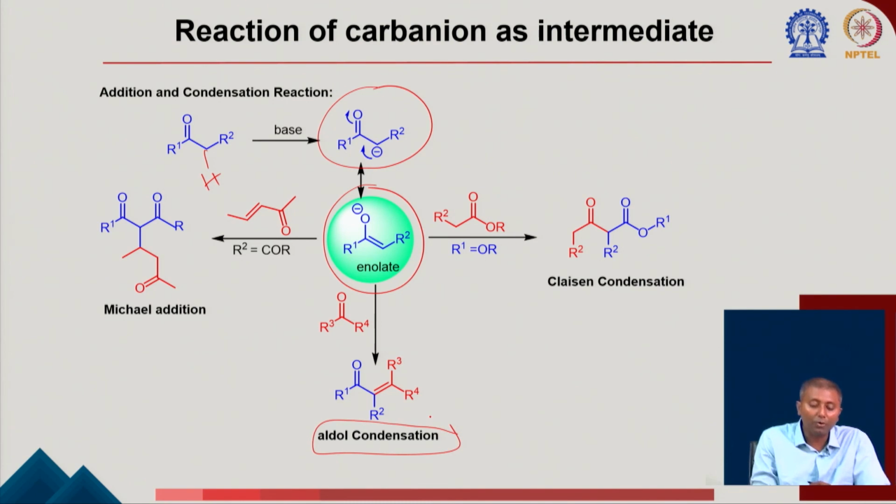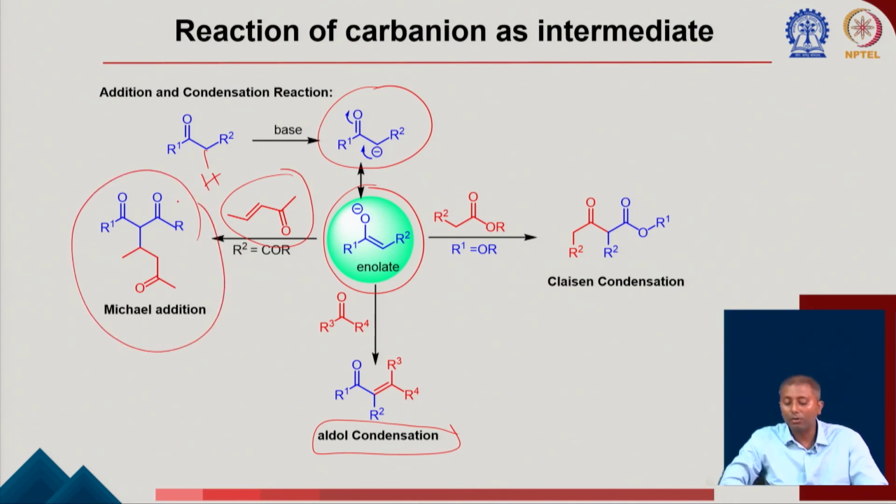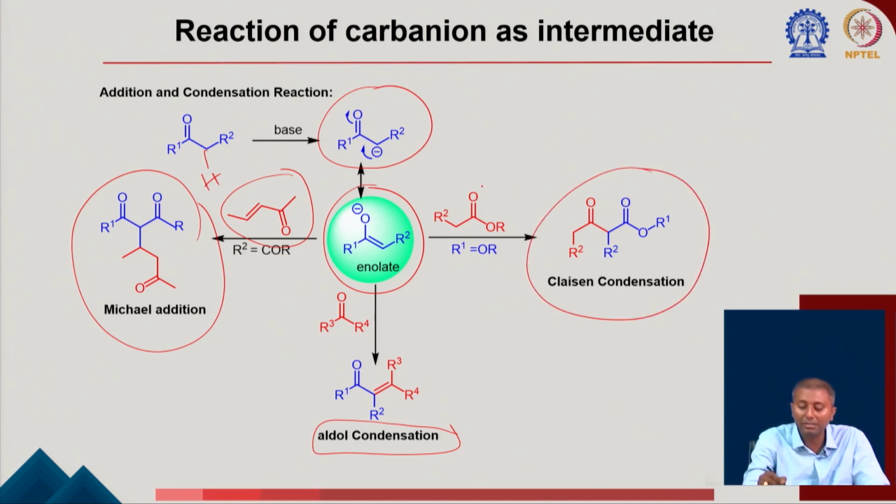It can go for a Michael addition to this alpha beta unsaturated carbonyl compound to give this corresponding product. It can also go for a Claisen condensation by reacting with these corresponding esters. There are different types of transformations of this enolate, which are not covered in this course. There are other NPTEL lectures you can find which talk in detail about enolate chemistry.